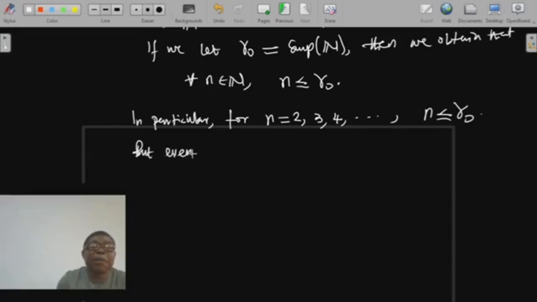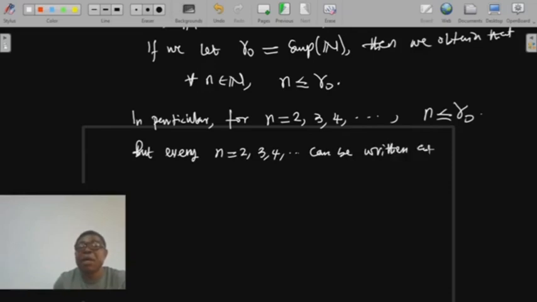But we know that every natural number n equal to or greater than 2 can be written as k plus 1 with k equals 1, 2, 3, and so on. So every natural number from 2 upwards can be expressed in this form.